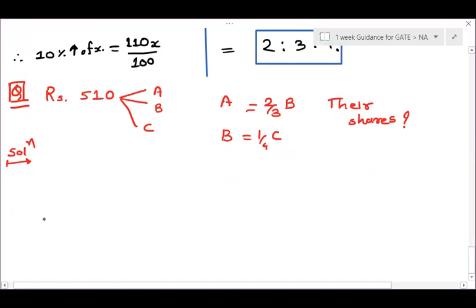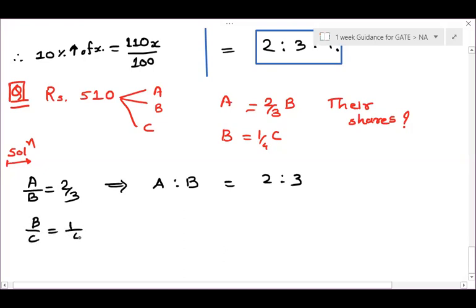So definitely you have to divide 510 in this. From the first condition, A by B is 2 by 3, so A is to B is 2 is to 3. From the second condition, B by C is 1 by 4, so B is to C is 1 is to 4, isn't it?